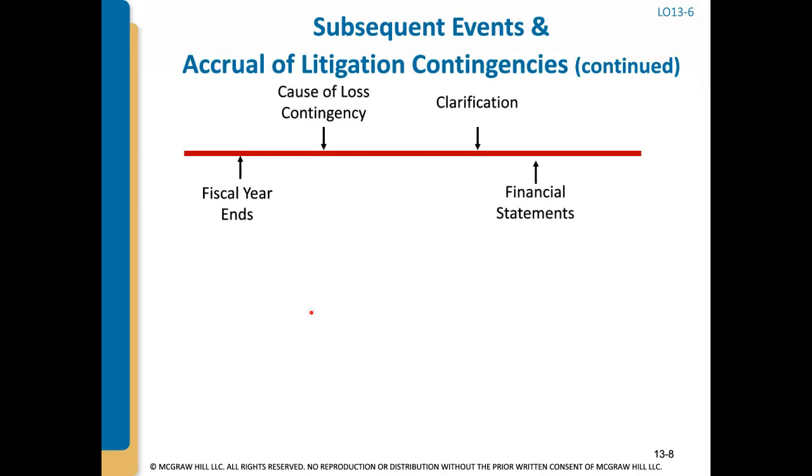It's important to note, though, that here again, I have a 12/31 year end and my financial statements are issued on 2/15. What if a lawsuit comes about? Let's just say a lawsuit comes about on January 30th, or the IRS opens an audit on us on January 30th.